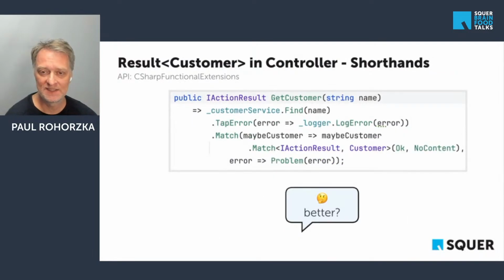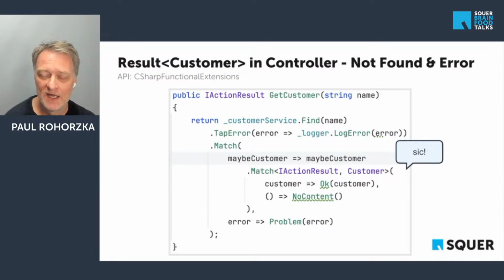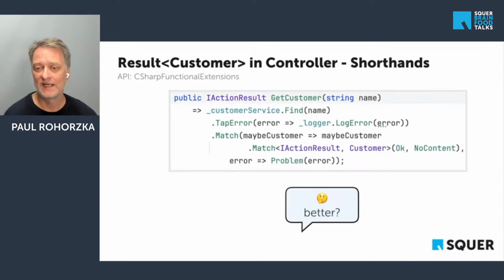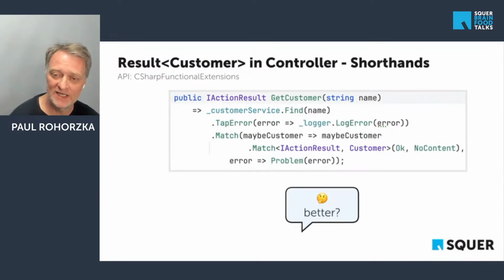We can even stick it a little bit more together. So the change here from the previous version to this version, if I go back and now forward again, is basically that we have used an even terser syntax, because we now do not have the explicit lambdas here for the okay and for the no content, but we just use the method group syntax. And so it can be even more clear to say in the match, we say, okay, we match on, and on the success side we return okay, and on the failure side we return no content.